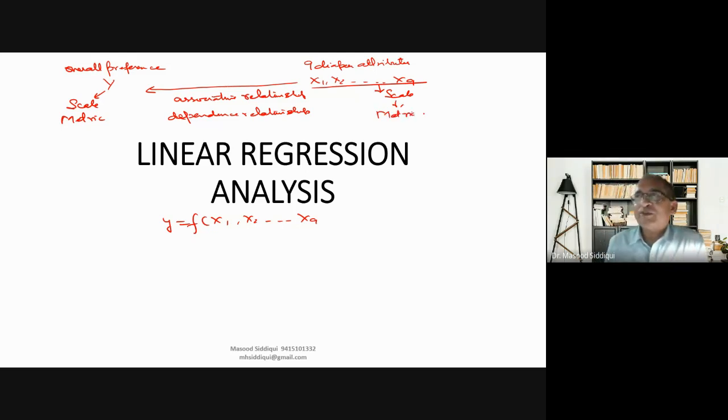This type of associative dependence relationship, where we have a number of attributes on one side and overall preference on the other side, may be expressed as regression analysis, or linear regression analysis. Technically, X1, X2, up to Xn are generically known as independent variables, and the overall preference is known as the dependent variable.